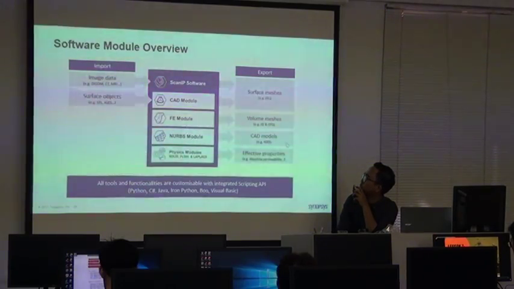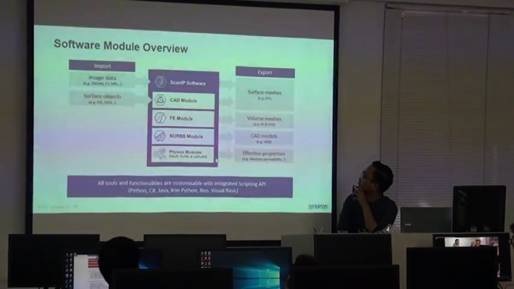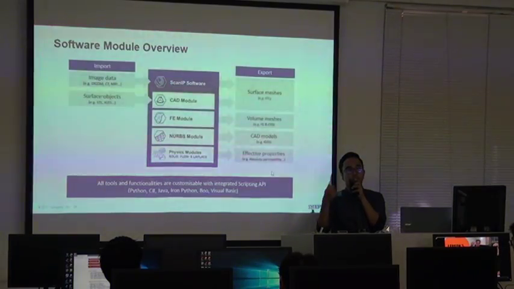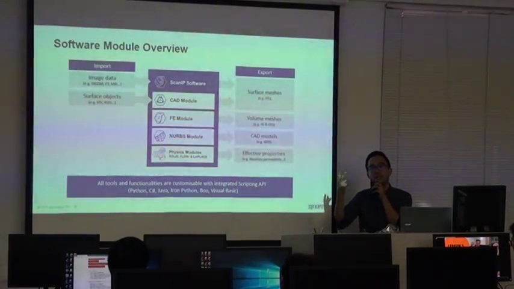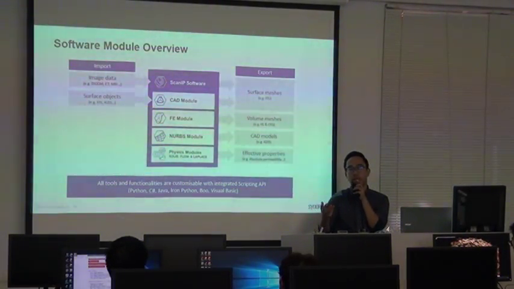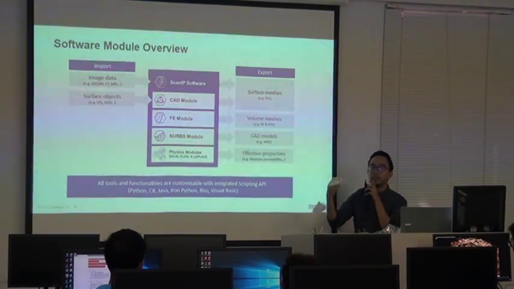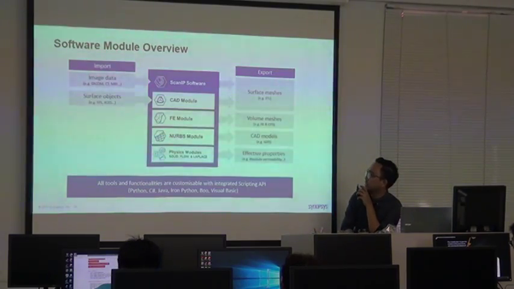Then we have a NURBS module to create the NURBS surface, which can be exported into a CAD model in the IGES format. And then we have a physics module, where it will calculate the effective properties, for example Young modulus, Poisson ratio, absolute permeability, and thermal conductivity of your material. It is based on the composition of the material that you have scanned and generated.